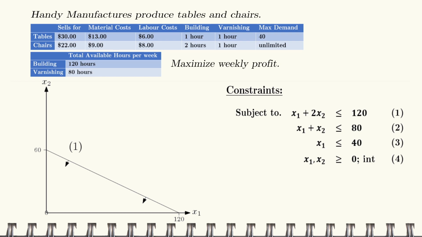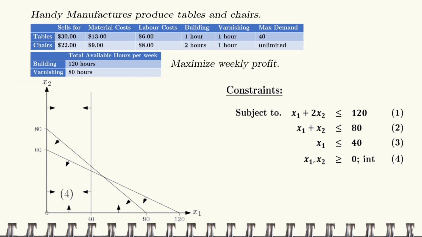We also need to keep in mind which side of the line our feasible solution space exists on, because in this scenario our result is less than or equal to 120. We know that the feasible solution space is below the line.